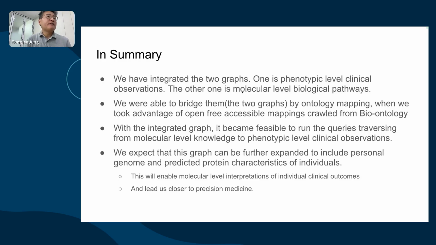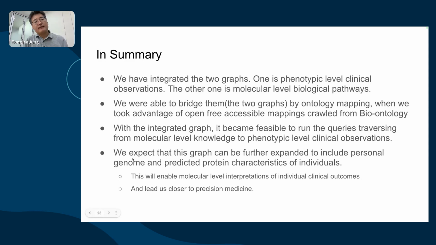In summary, we have integrated two graphs. One is phenotypic-level clinical observations, and the other is molecular-level biological pathways. We were able to bridge the two graphs by ontology mapping, taking advantage of the open, freely accessible mappings crawled from BioPortal. With this integrated graph, it became feasible to run queries that require traversing through the two graphs, the clinical observation graph and the biological knowledge graph.